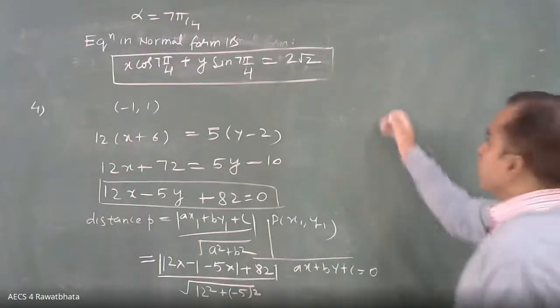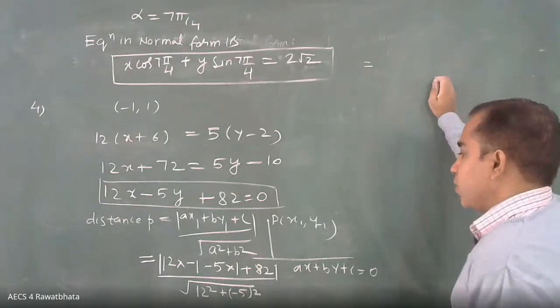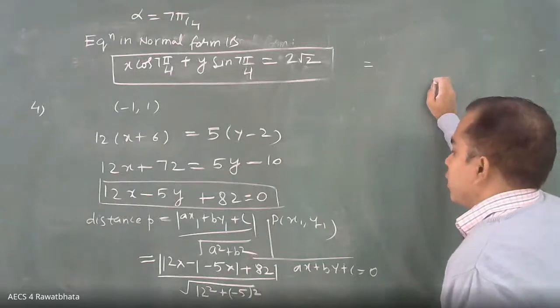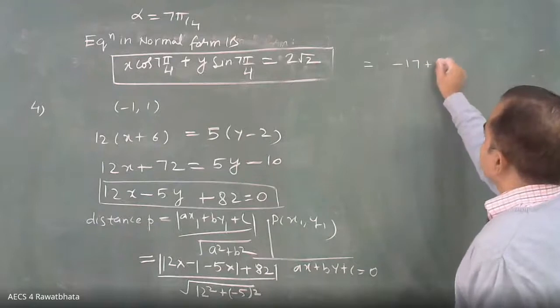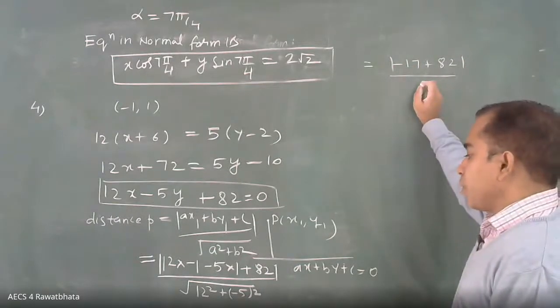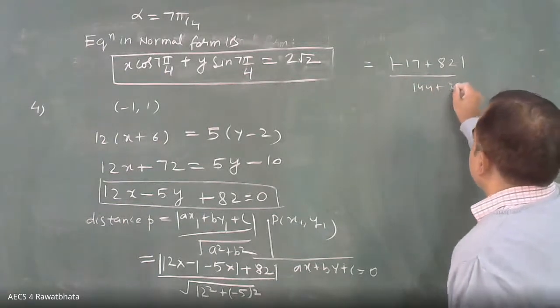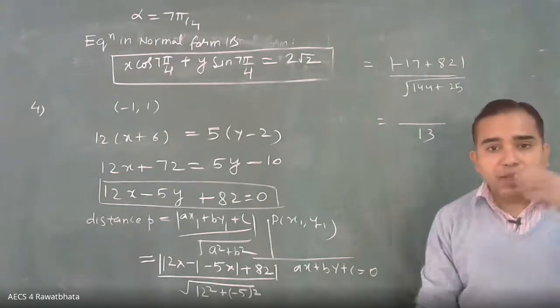So this is equal to minus 12 minus 5, which is minus 17. 82 minus 17, how much? Students, help me. 144 plus 25 is 169, so the root is 13. And 82 minus 17, how much?